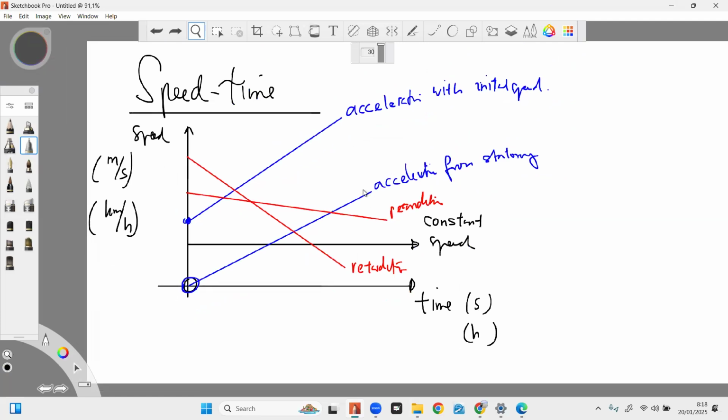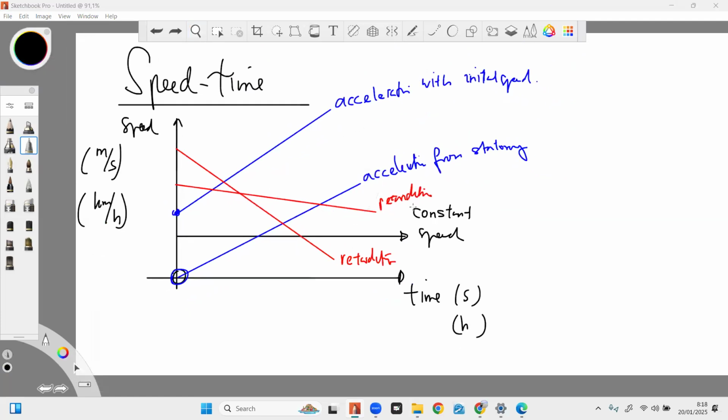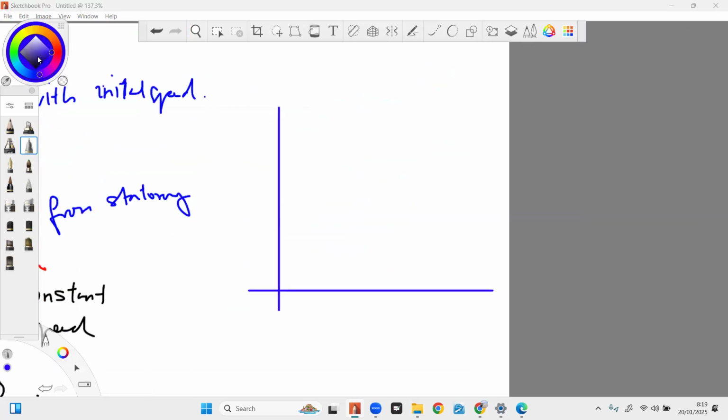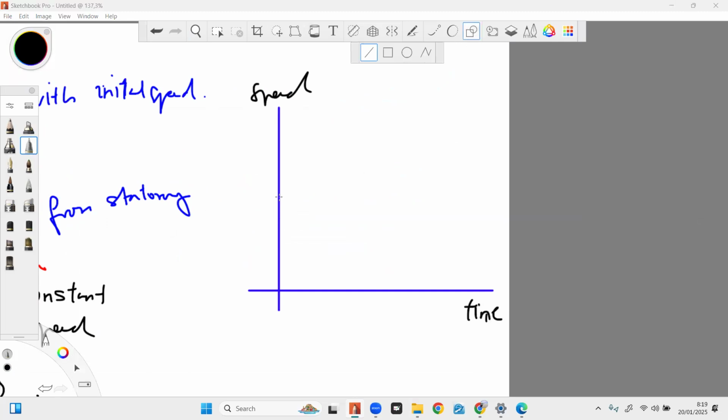Okay. And we have another way to understand this. So it is not only the graph, but also we learn about the features of the graph. Again, this is more theoretical. If we have a speed time graph like this, we can find the distance traveled from the graph itself. For example, this movement only until this T2, let's say from T1, which is 0, until T, at a certain speed.